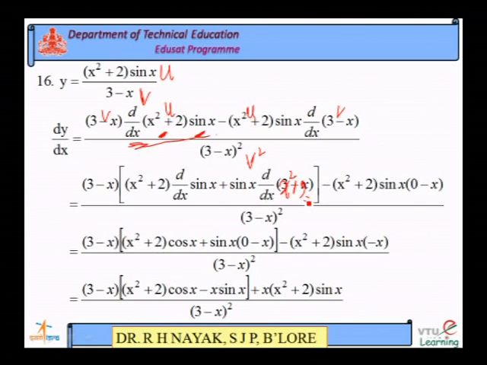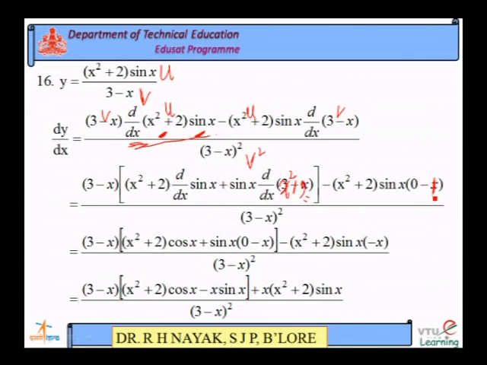Minus this whole thing I have taken as it is, differentiation of this: differentiation of constant is what? 0. Differentiation of x is what? We have to take it 1.